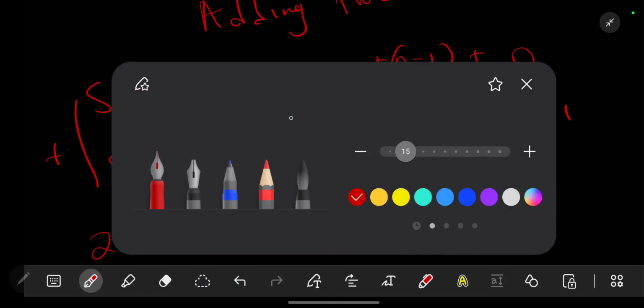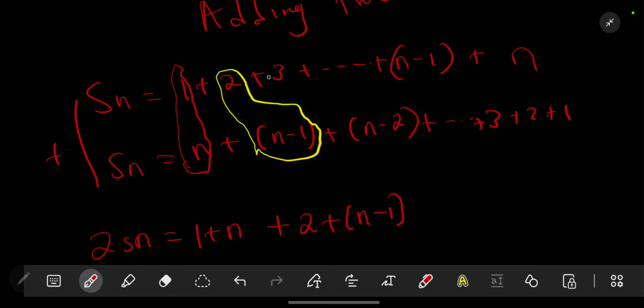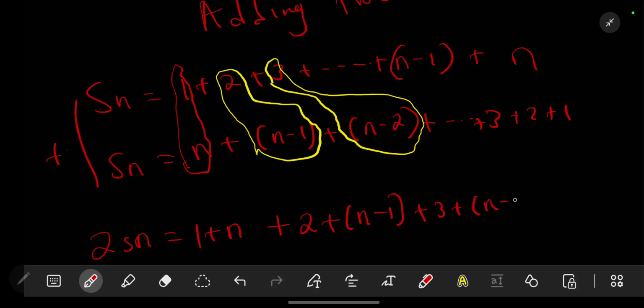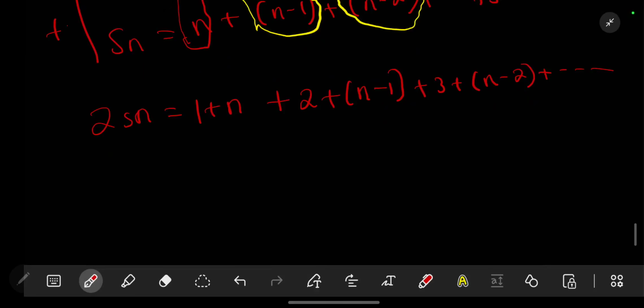Even this one, if we were to add it, we are just looking at the behavior. It will be plus 3 plus n minus 2, continuing like that. But let's see the behavior.